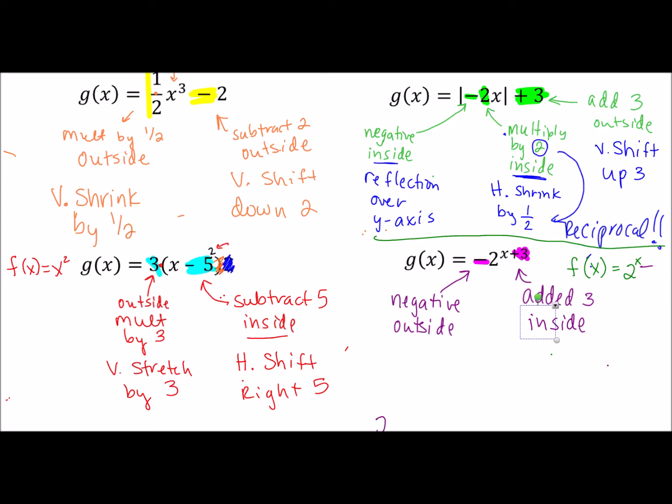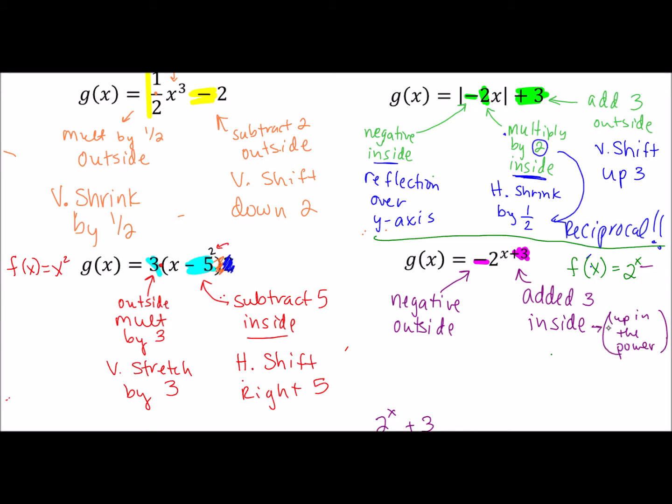If it was an outside one, it would have looked like this. See the difference between the two? So add 3 inside because it's up in the power. Let's write a note, up in the power. You've got to be able to read it.